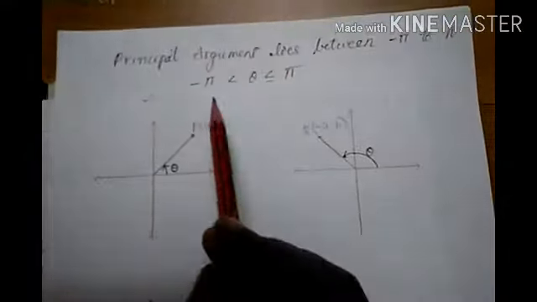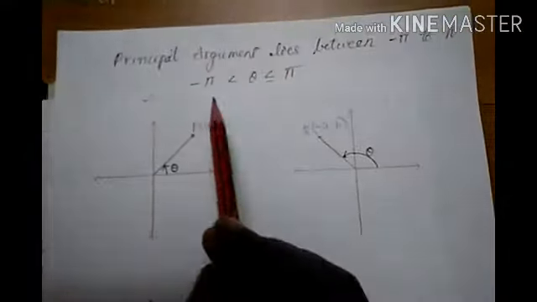Let us see the fourth diagram. Here, the theta value lies in the fourth quadrant. Since the complex number lies in the fourth quadrant, the theta value is more than 180 degrees.